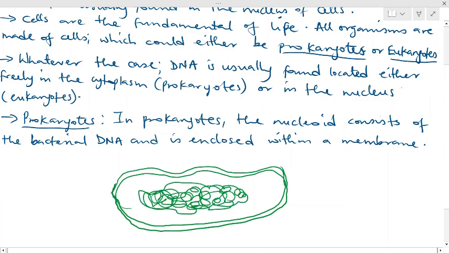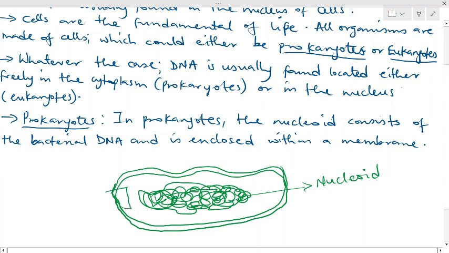We say the nucleoid is enclosed within a membrane.